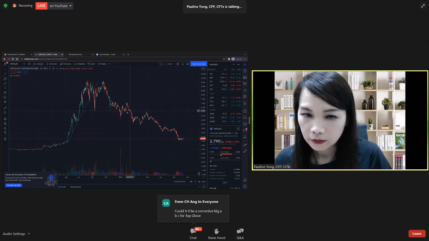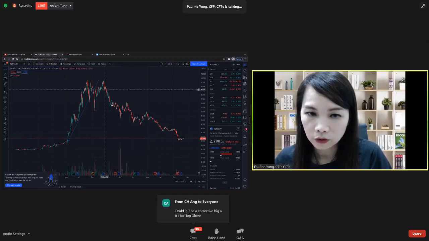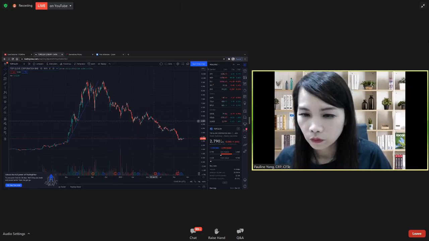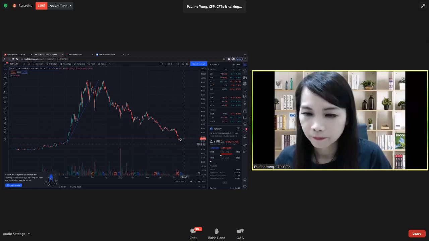What I see is 1, 2, 3, 4, 5, and then we complete this ABC. So I put this as wave number 1, and then I start from here 1, 2, 3, 4, 5, and then I put a wave number 3 here, so that my wave number 4 did not touch my wave number 1.